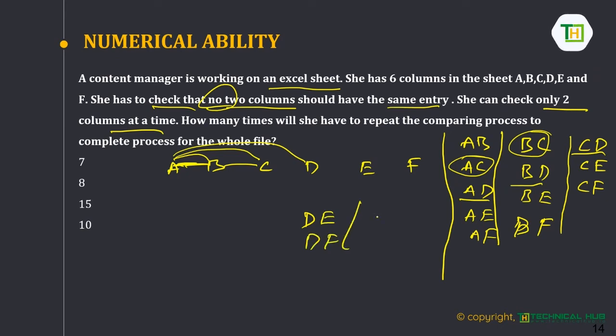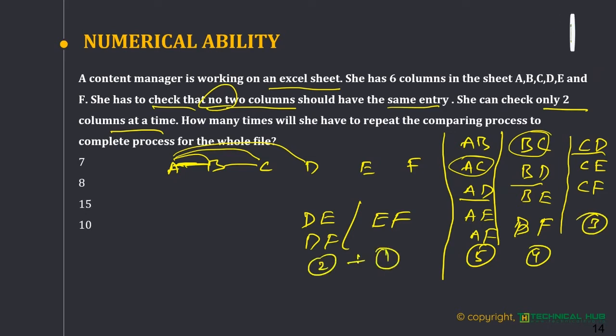And finally, EF. Total how much? 5, 4, 3, 2, 1. Add all the values: 1 plus 2 plus 3 plus 4 plus 5, 15 times. Total, you need to compare 15 times in order to get the result.